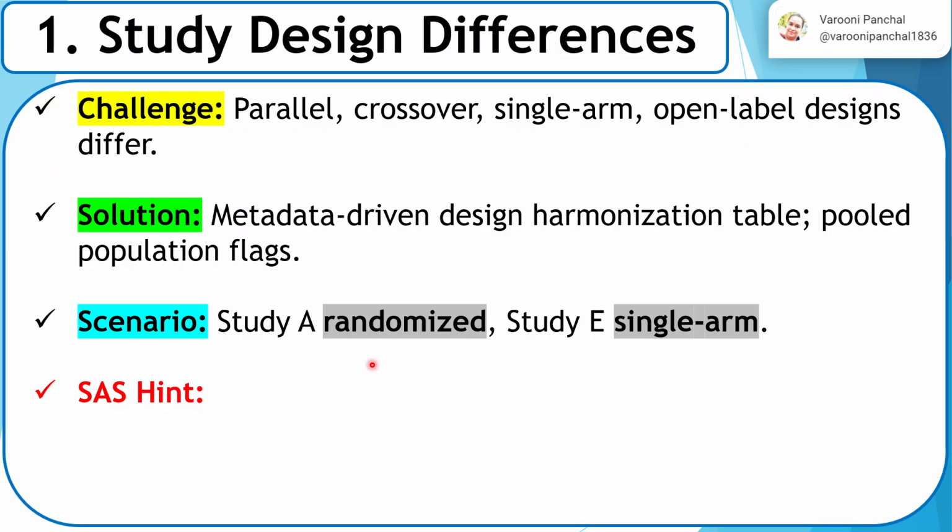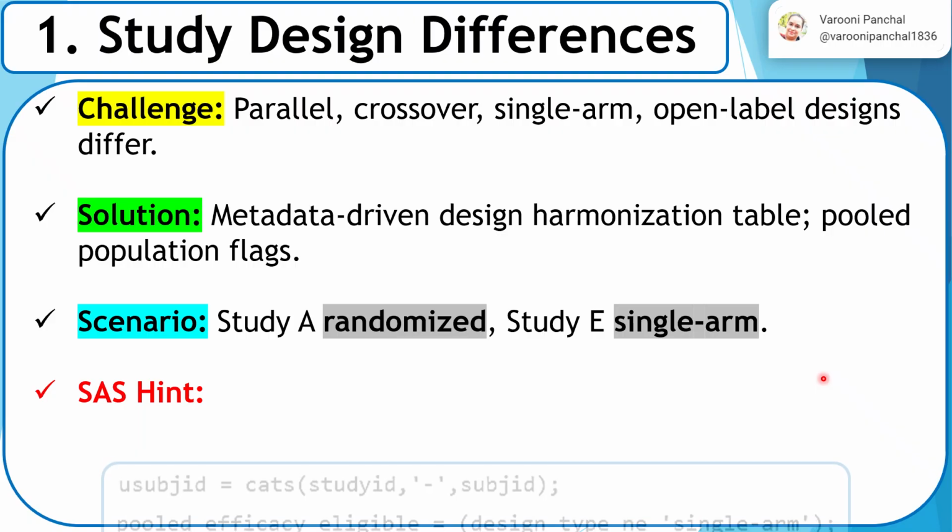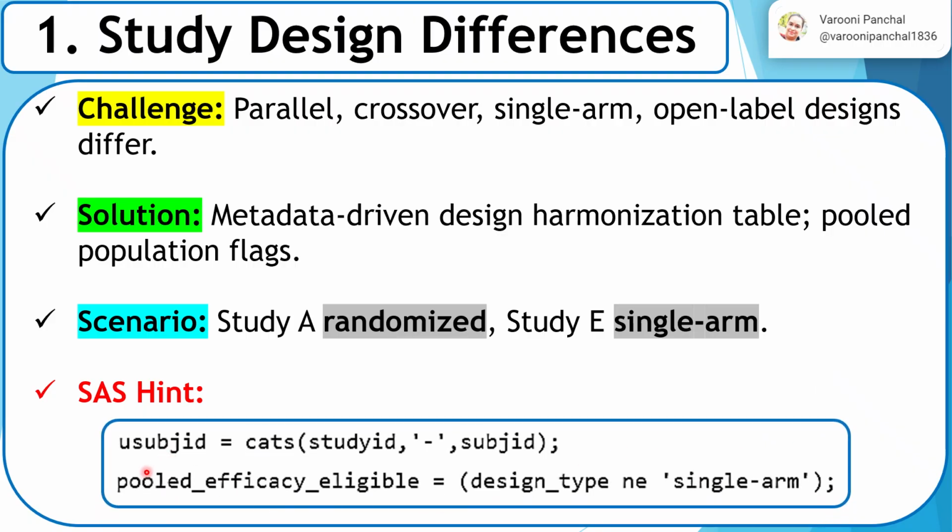In some scenarios, the hint here is the unique subject ID. You can combine this using the CATX function with study ID, concatenating it with a hyphen and using the subject ID, right? So this is how you can create the unique subject ID.